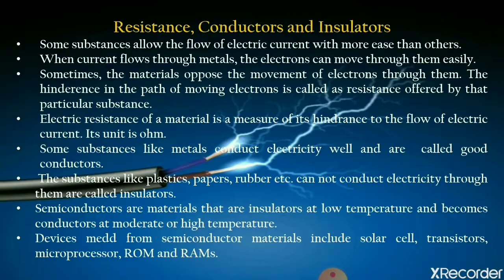We all know that when current flows through any metal, electrons move through it very easily. Means when electrons move, only then will current flow. When electrons move through any substance, they have to face some problems in the form of hindrance, obstacles, or hurdles. They come across some imperfections within the material which cause opposition to the movement of electrons.